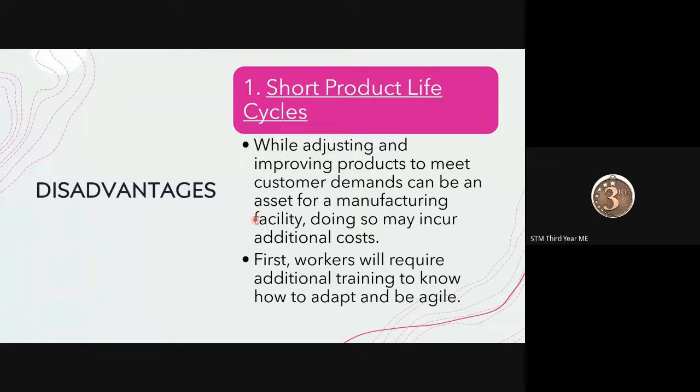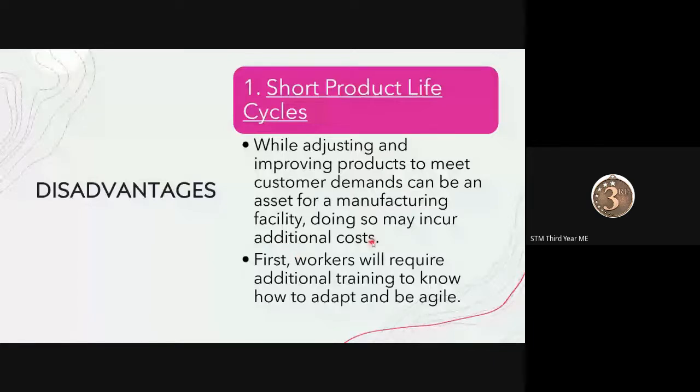So we are adjusting and improving the products to meet customer demands, and obviously there is no standardized method or no production scale, or this is the first time we are going to create such a product. And because of the non-optimized schedule that is being set, there will always be additional cost incurred during that process.